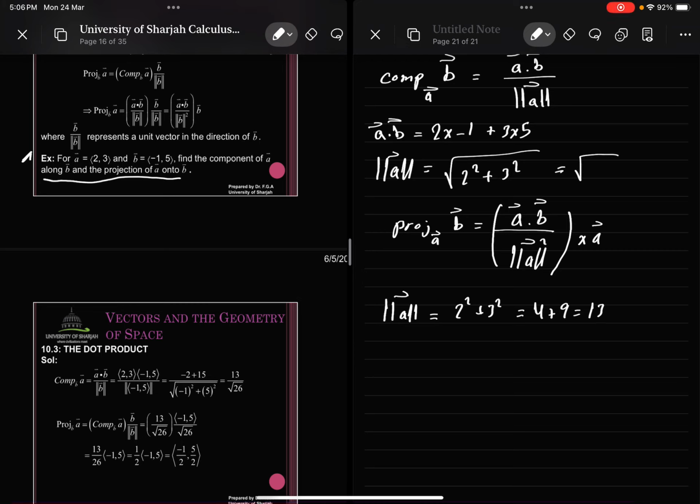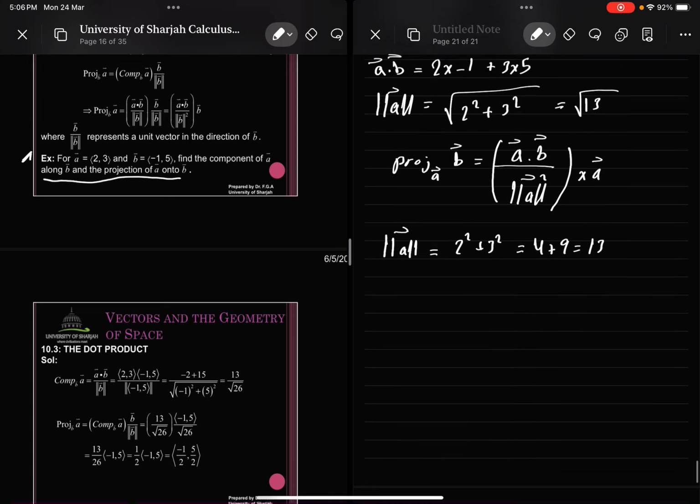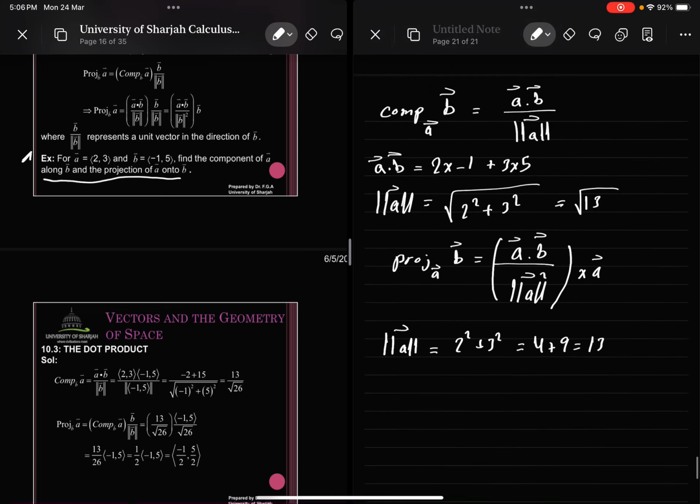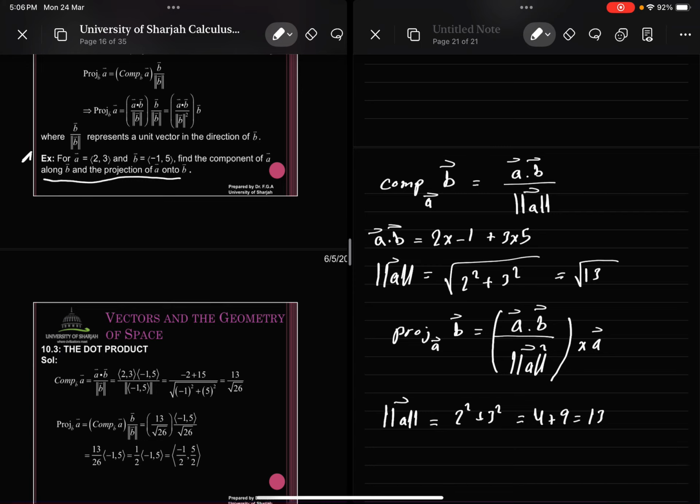Here it will be square root of 13. So here it will be 13 over square root of 26. So here I'm sorry, it will be 26. I don't know why.